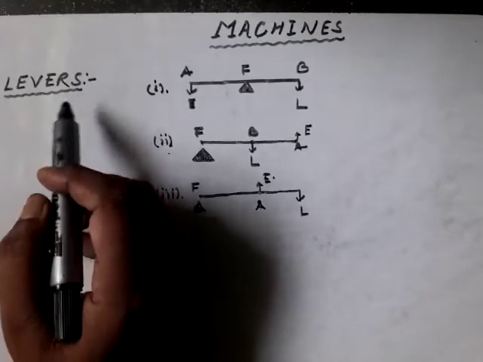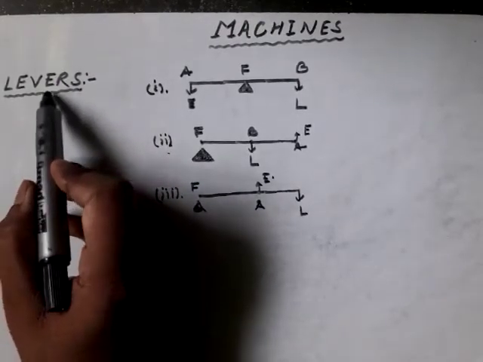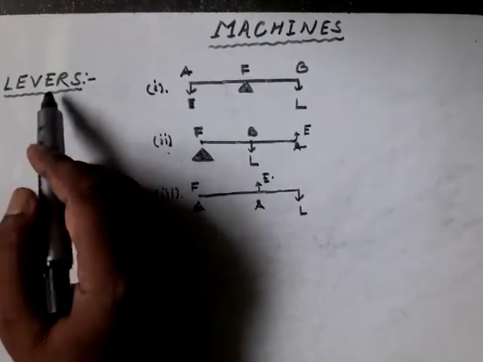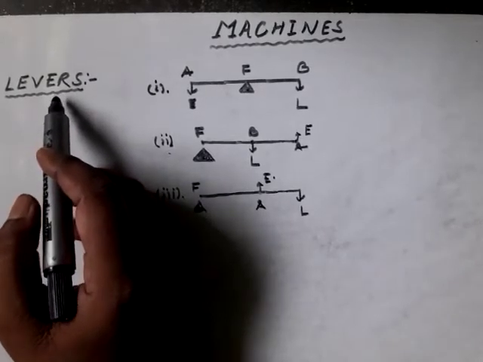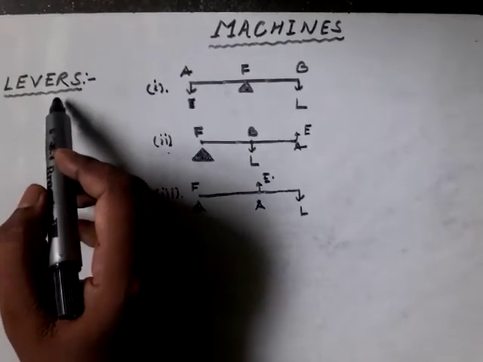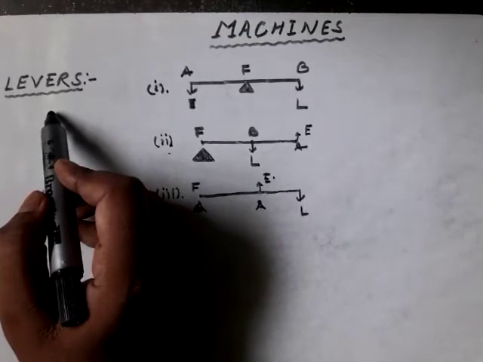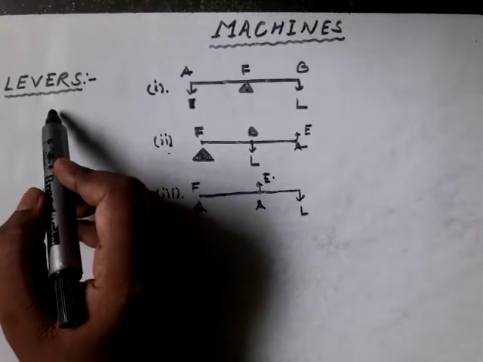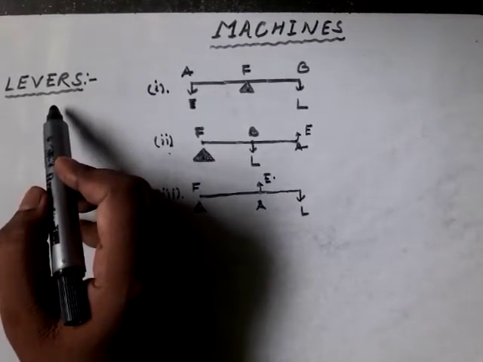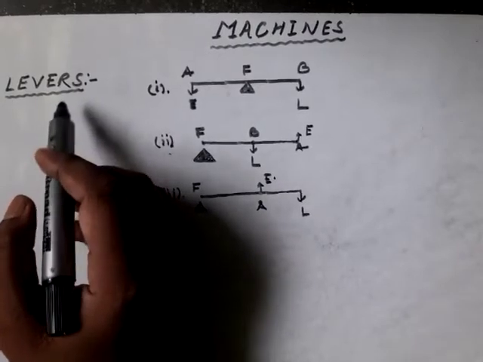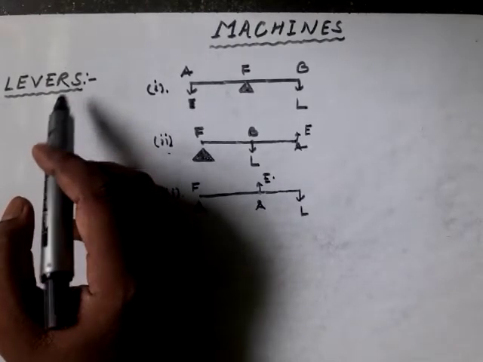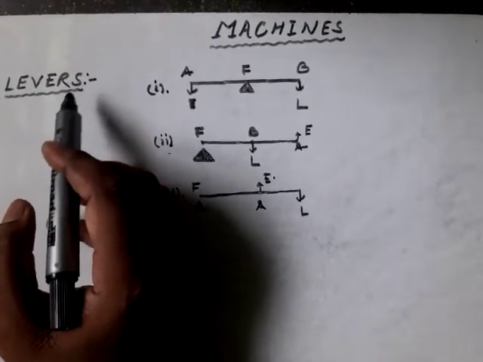The fixed axis about which the lever turns is called the fulcrum. Fulcrum is the point about which the lever tends to rotate, or turns about a fixed axis.